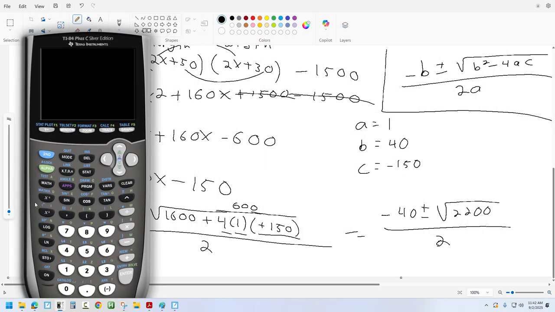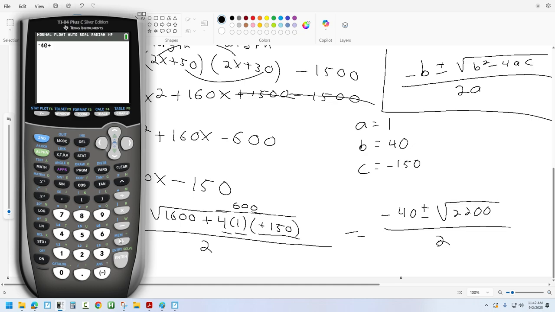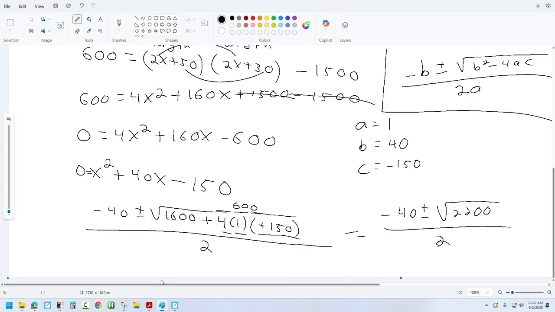The way I type it in, I generally do the top first, get the answer, and then divide by 2. So we got negative 40 plus the square root of 2200. Hit enter, that's the top. And then I'm going to divide by 2. 3.45. That's my first answer as a decimal.